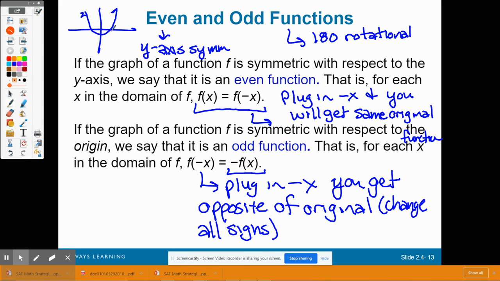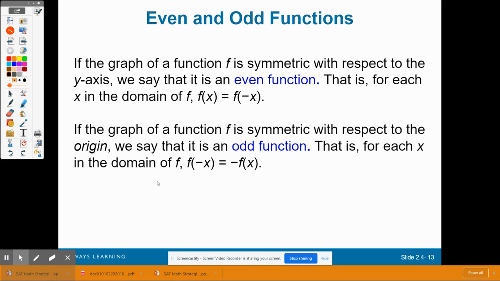If the point 2, 2 is on this graph, when x is negative 2, you still get the same. Negative x still gets you the same. When it has 180 rotational, if I have 2, 2 here, if I have negative 2, now I get the opposite, which is negative 2. You can remember opposite, odd, if you want, okay? That will help you with some memorization.